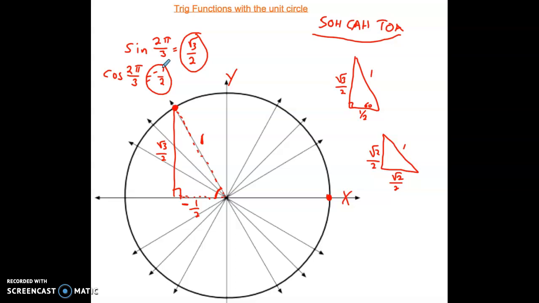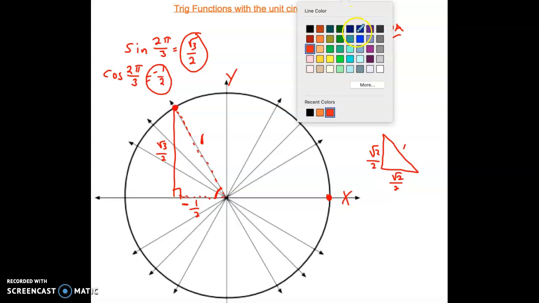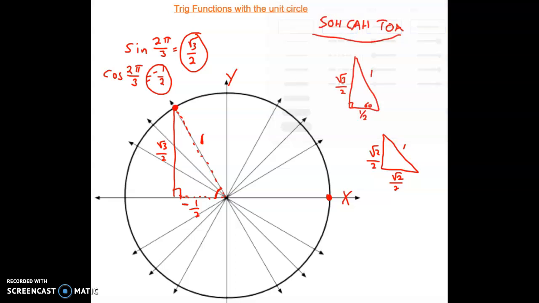Okay, so that is the idea. Let me change colors of pens here just to talk about a different answer. If we went down here to this angle, that is 5 pi over 3.